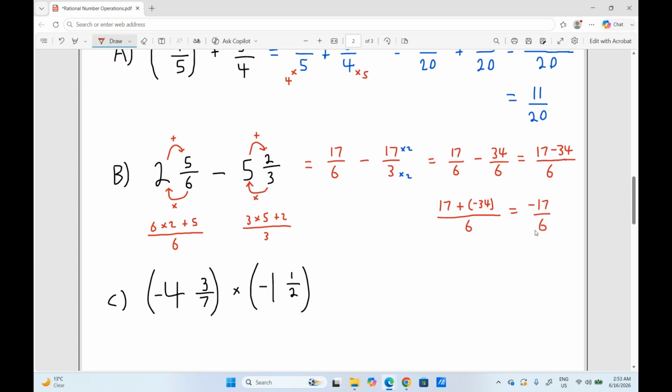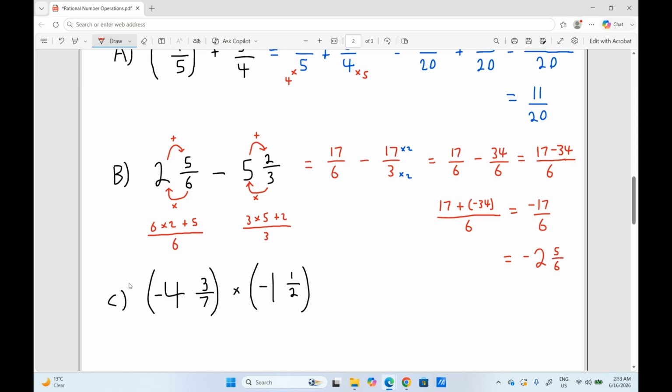So that's my final answer. There is another way to do this. Either you keep it as an improper fraction or you can change it back to a mixed number. If you change it to a mixed number, it would be negative 2 and 5/6, or negative 17 over 6.